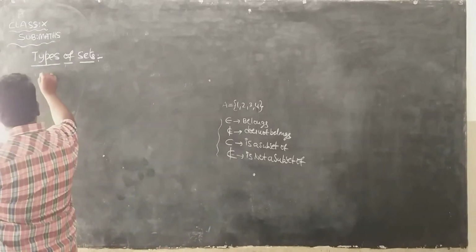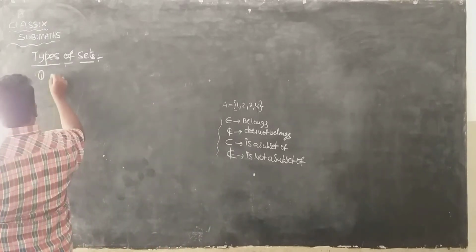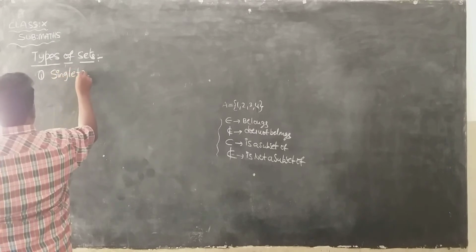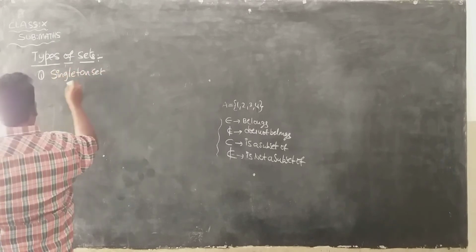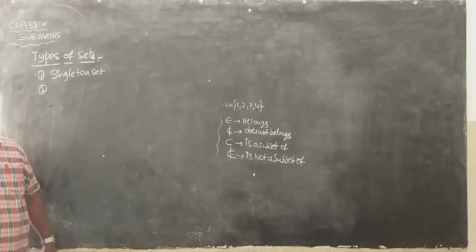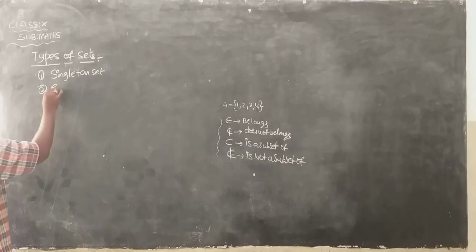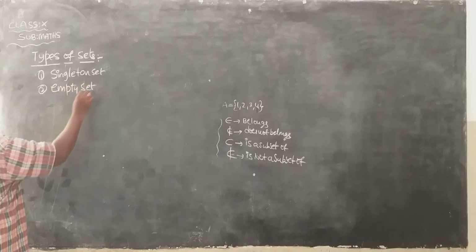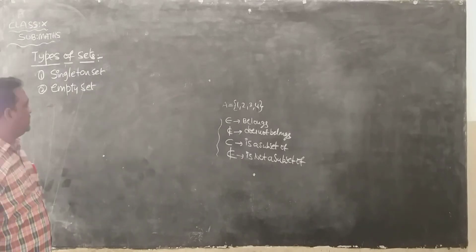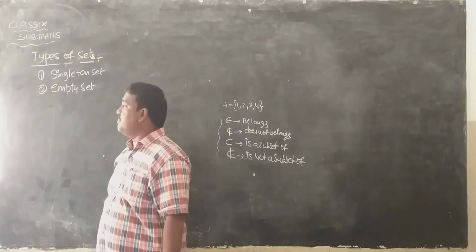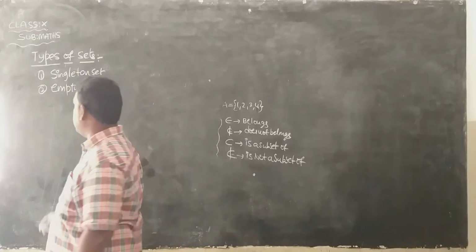Number one, singleton set. Number 2, empty set.